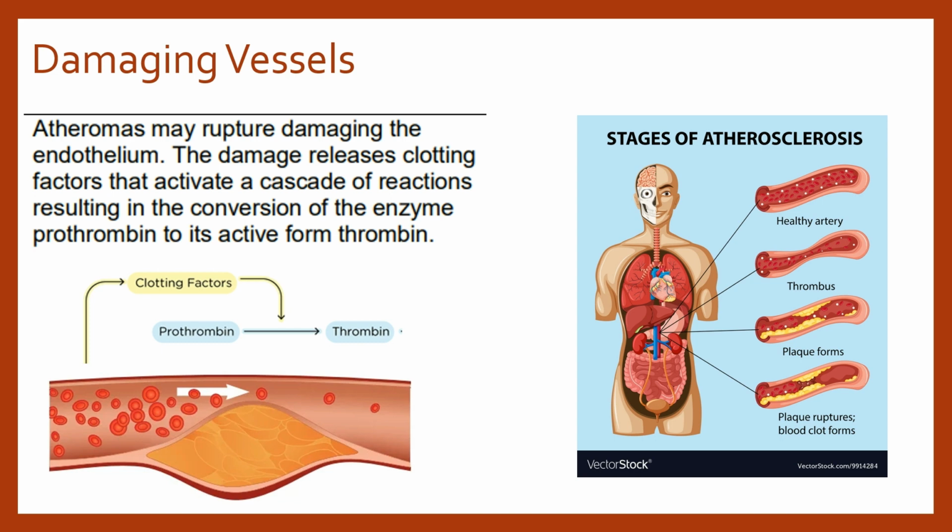So when you have this damage due to the atheroma, we get the onset of thrombosis, which starts with the release of the clotting factors, and that goes on to trigger a whole series of chemical reactions known as a cascade. But ultimately, that results in the conversion of the inactive enzyme prothrombin to its active form, thrombin.